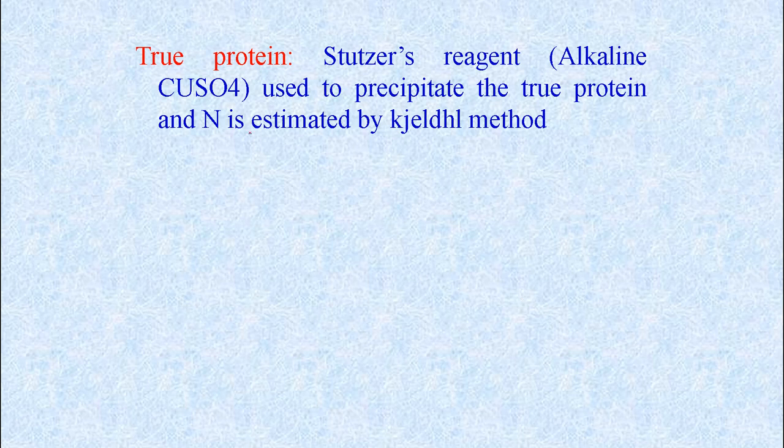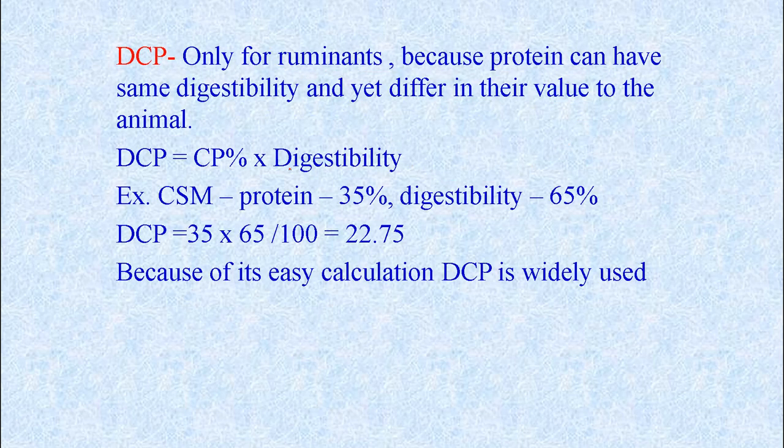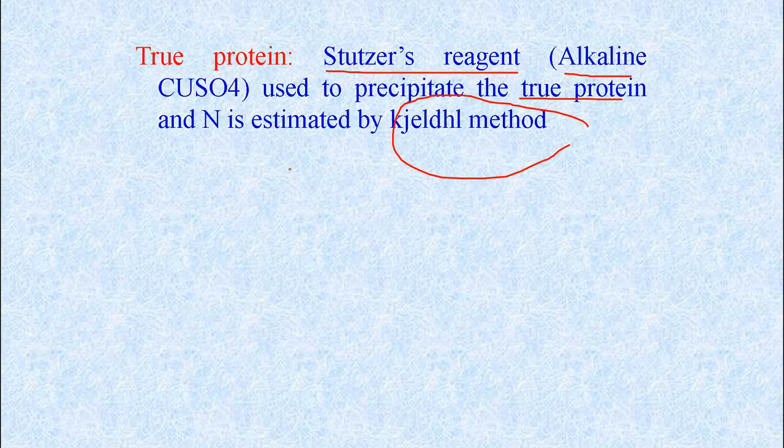So what are true proteins? It is measured by Stutzer's reagent, meaning alkaline copper sulfate is used to precipitate the true proteins, and the nitrogen is estimated by the Kjeldahl method. One needs to remember that this is another important method to estimate crude proteins, true proteins.